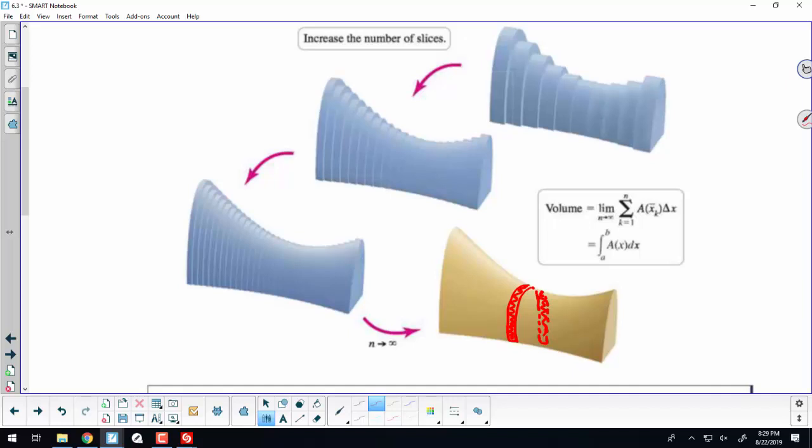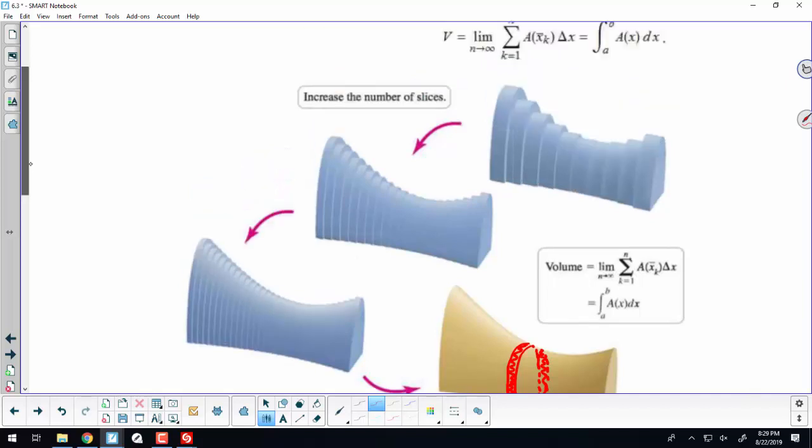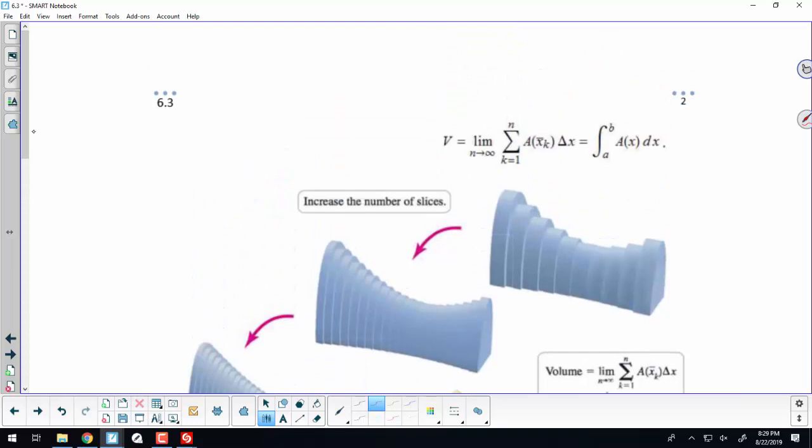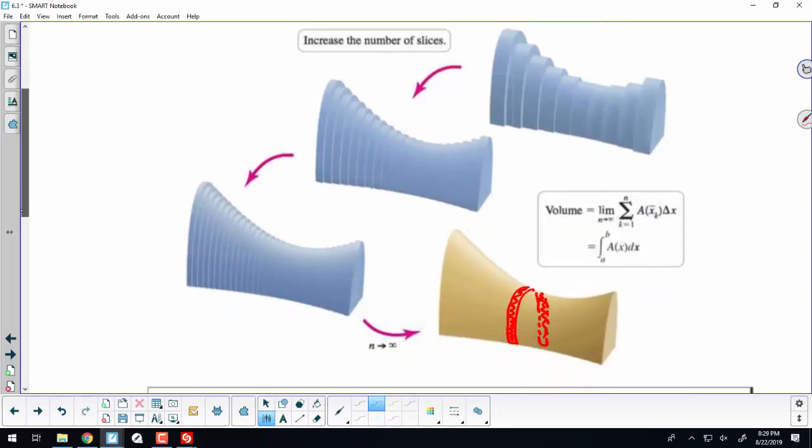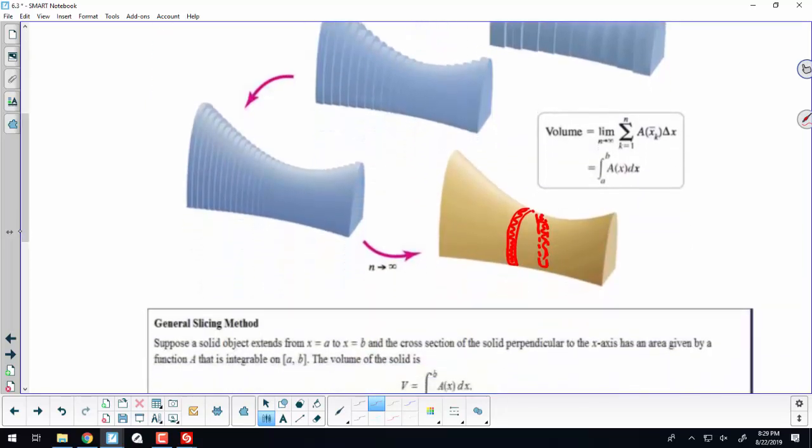And I just add all of those up. That's what's illustrated here. It starts off pretty blocky, but when we let the number of cross sections or slices approach infinity, we have an accurate, exact volume. But again, what we're starting with is the area of each cross section.